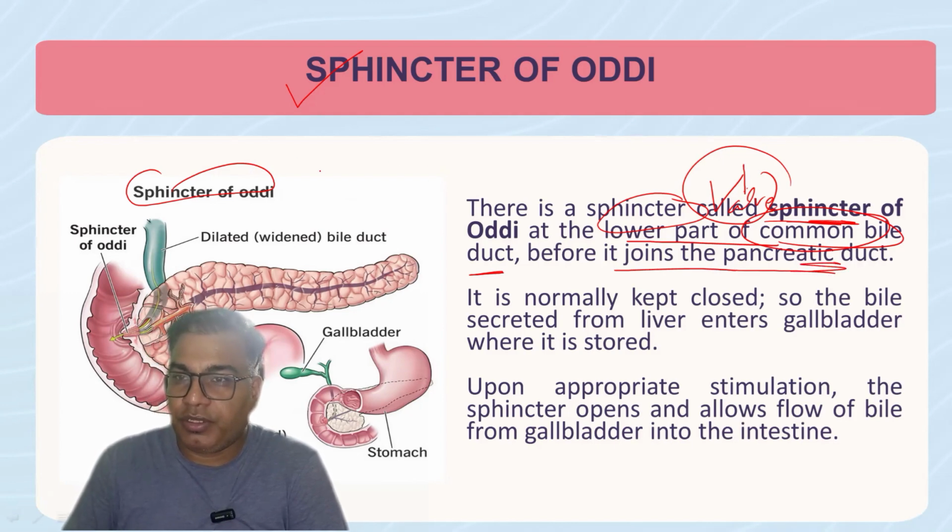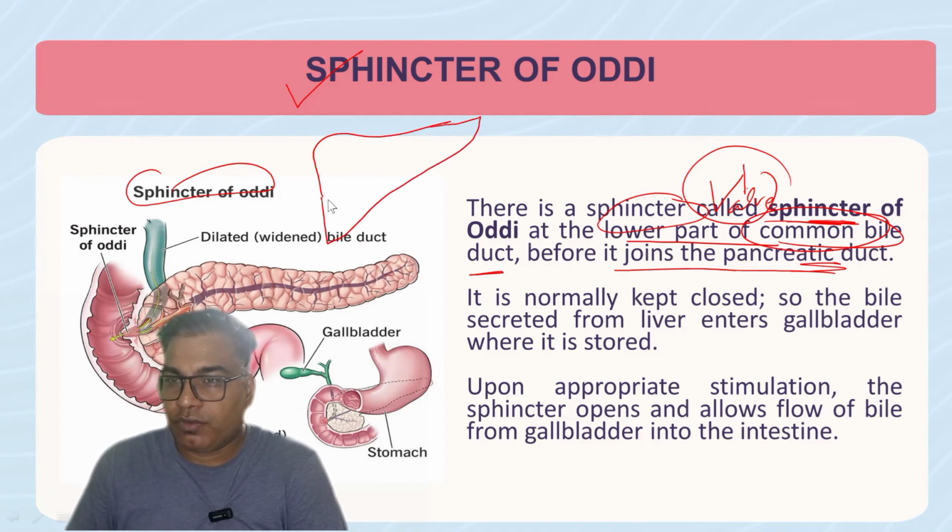So basically, this one is the liver. Here, a gallbladder. This one is a cystic duct. Right and left hepatic duct, common bile duct.